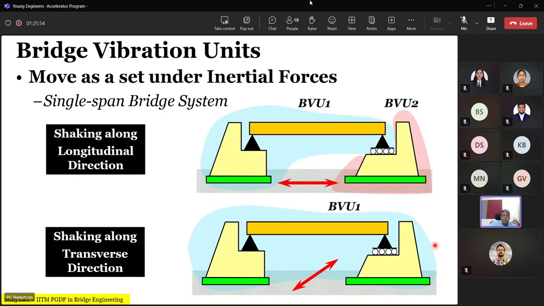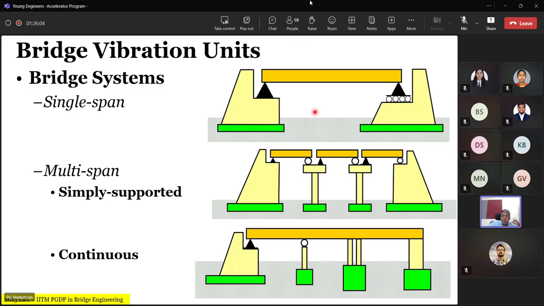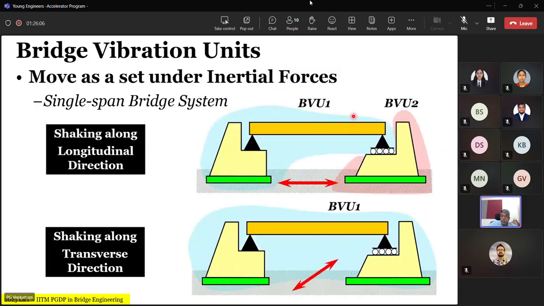When the longitudinal movement of the ground takes place, the mass of this blue shade moves together, and the mass of this pink moves together. So this blue mass, that means this superstructure and this abutment substructure in this example, is one inertial unit.